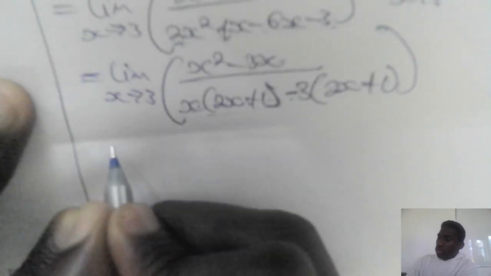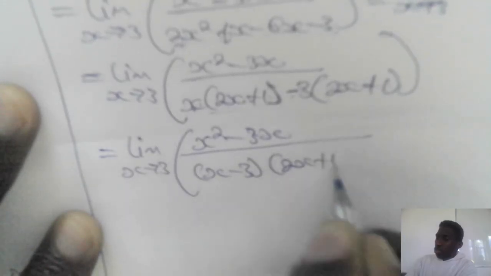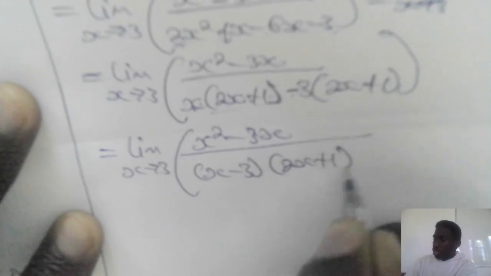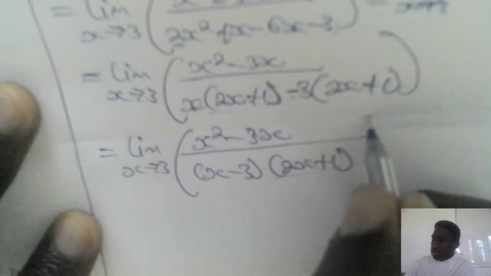And we can proceed further to get the limit as x approaches 3 of x squared minus 3x divided by, now x and minus 3 are grouped in one bracket, and then we have 2x plus 1 in another bracket. So you just group these two and then pick one of these brackets. It's very easy.